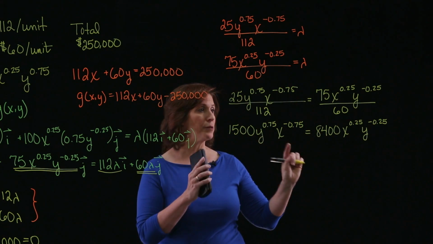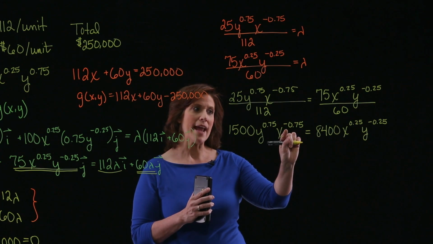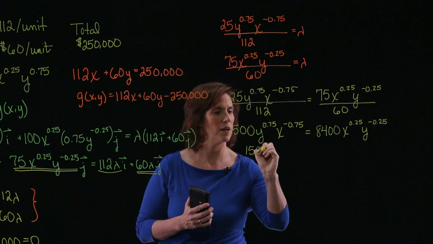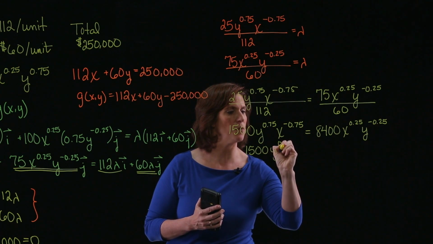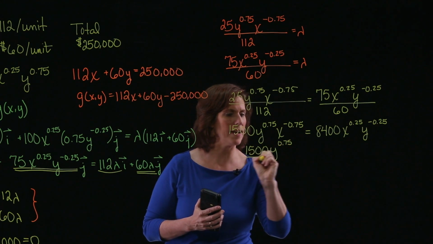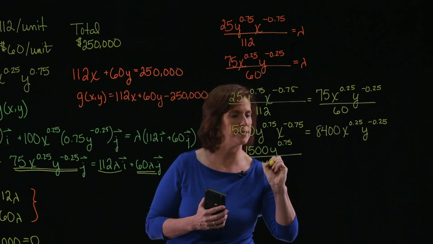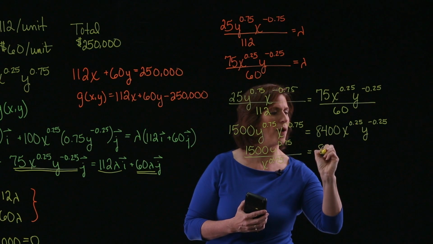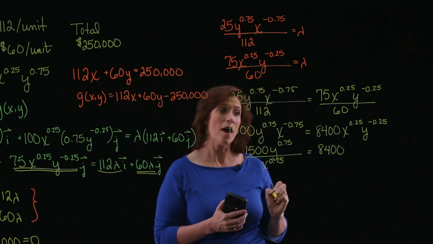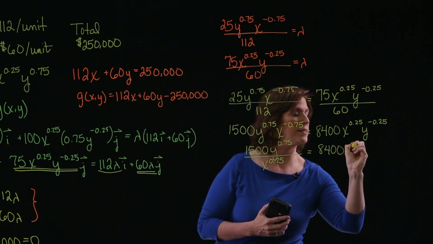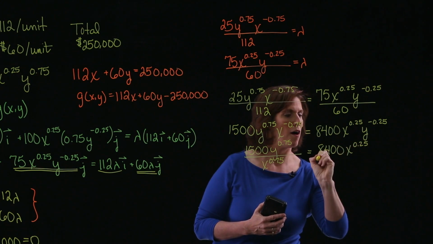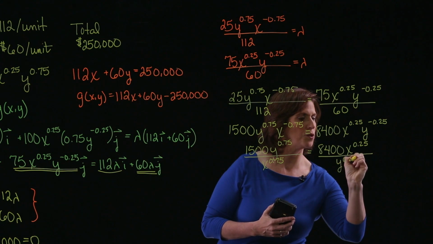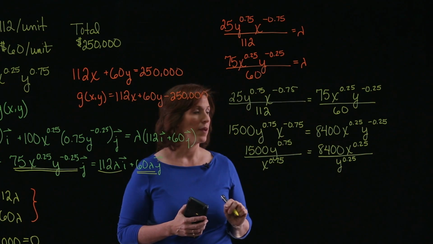Now I'm going to rewrite both sides of my equation, getting rid of my negative exponents. So the way I'm going to do that is I'll write this as 1,500 y to the 0.75 divided by x to the 0.75. And on the right-hand side, I have 8,400x to the 0.25 all over y to the 0.25 power.